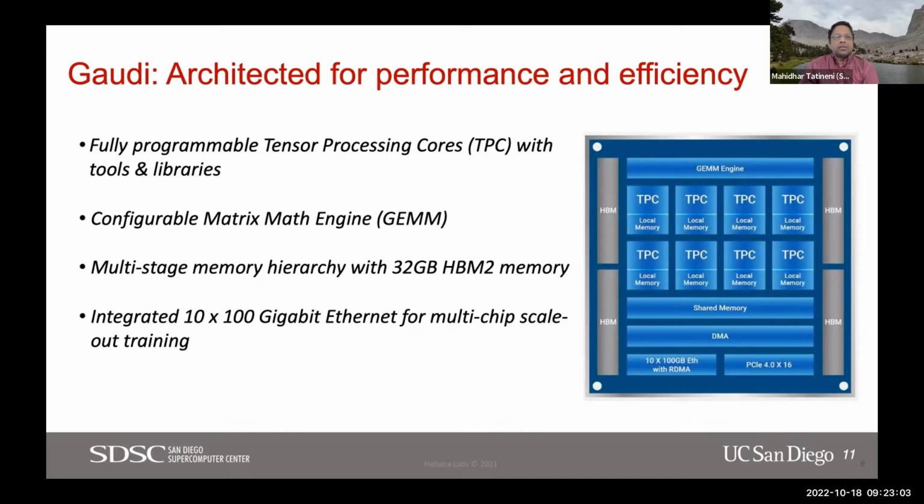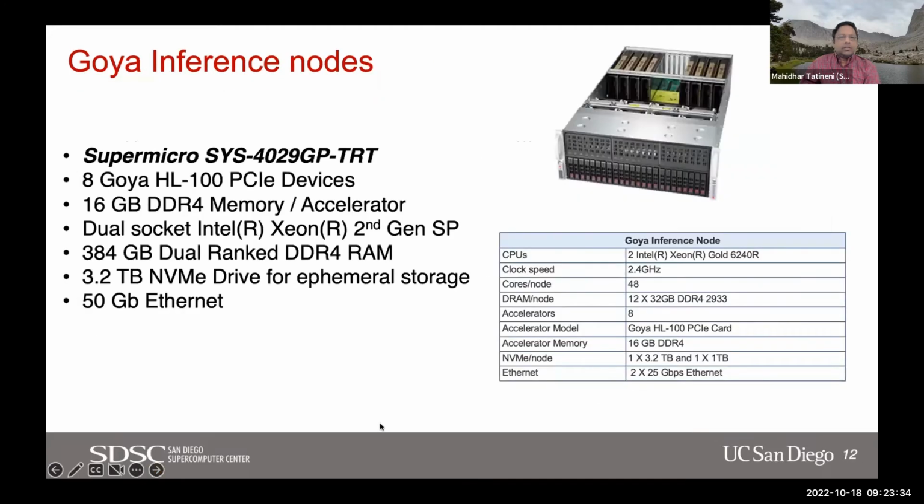And then there's a multi-stage memory hierarchy, but the main thing to keep in mind is you have 32 gigabytes of HBM2 on each of the cards. The last bit there is the unique part. It's got 10 100 gigabit Ethernet on-chip connections. This is what's used for scaling out when you're using multiple cards and multiple nodes. So that's the thing on chip there.